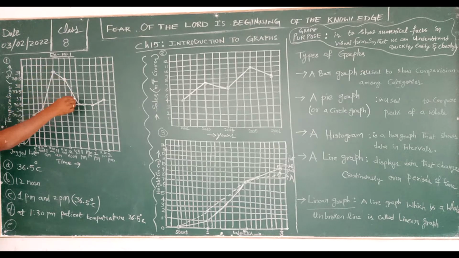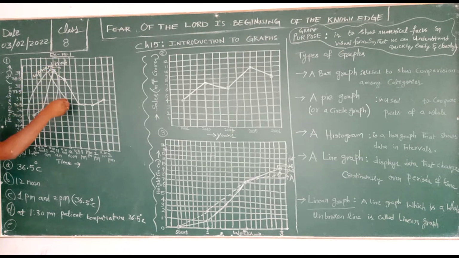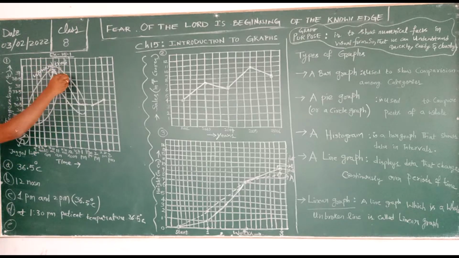And whichever goes down like this, that is called a downward trend. So again I am showing you, this is called an upward trend, because it is completely increasing. And this part here is called a downward trend.